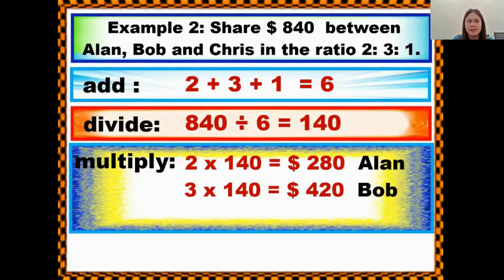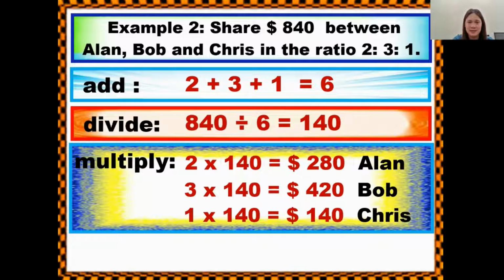And lastly, for Chris, it's only 1 part. And you know that 1 part is 140. So you can just simply copy 140. So for Chris, he will be getting $140.